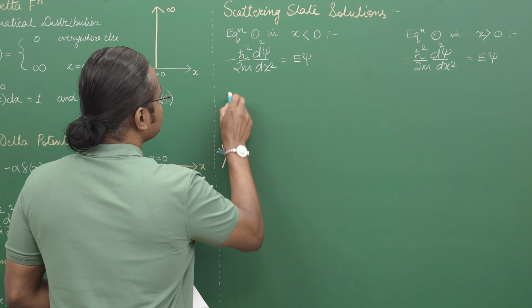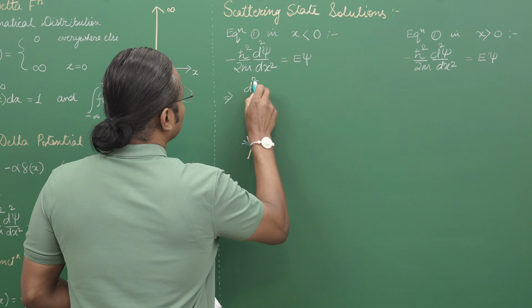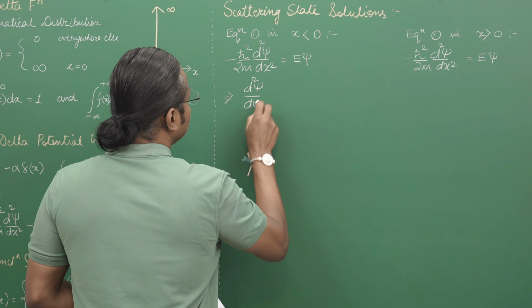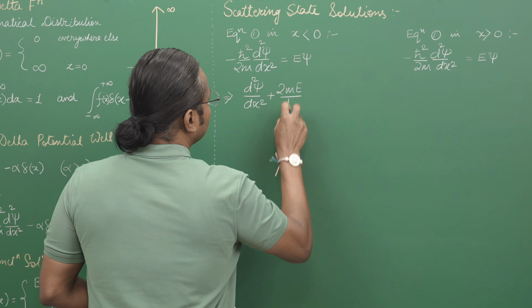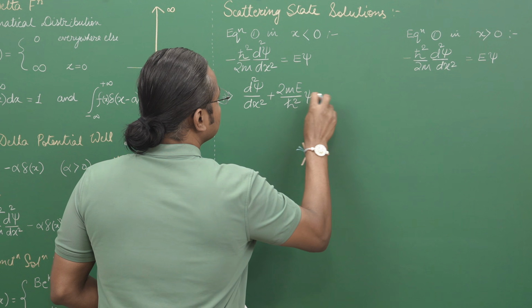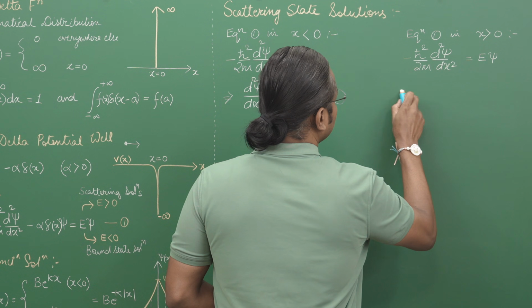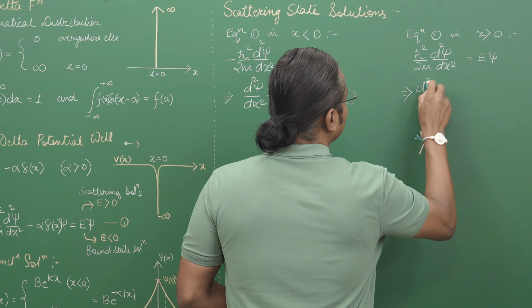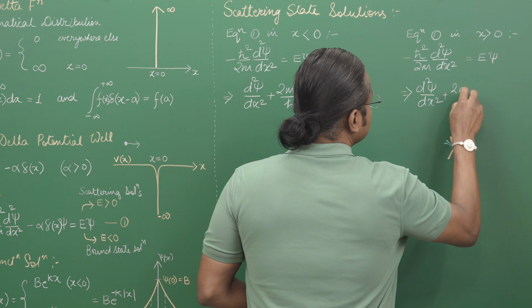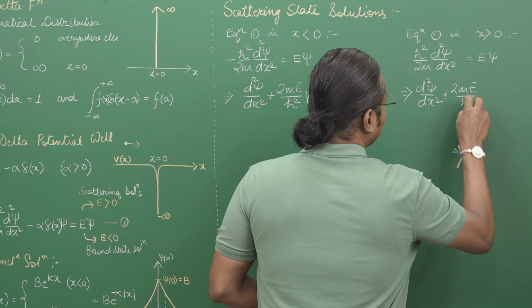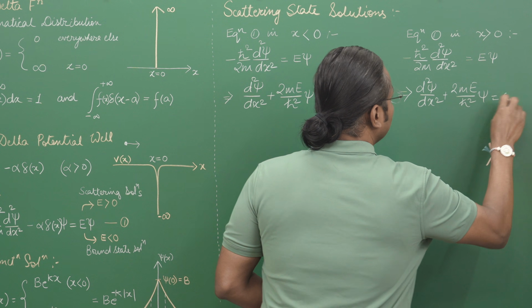So this expression simply becomes d2 psi upon dx2 plus 2mE upon h cross square psi is equal to 0. Same thing we have here, d2 psi upon dx2 plus 2mE upon h cross square psi is equal to 0.